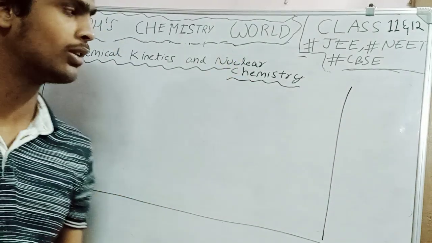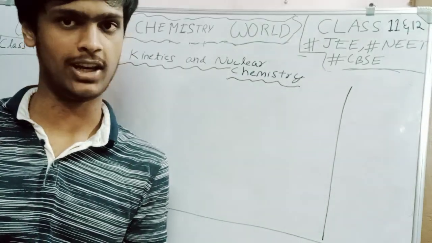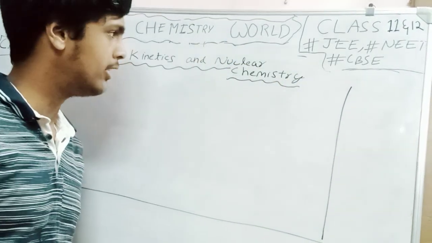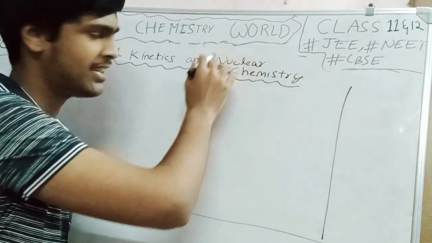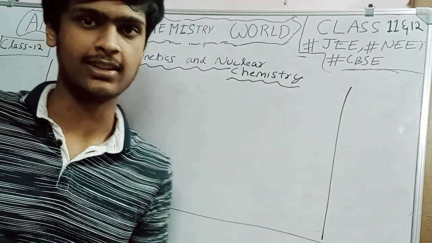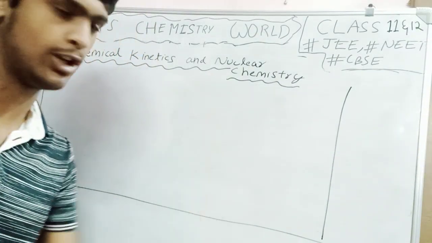There also you will see nuclear chemistry, in the chapter named Nuclei. Some part of this is deleted, and you should only know the basics of nuclear chemistry, but our main focus is on chemical kinetics itself. Okay, let us start this video.